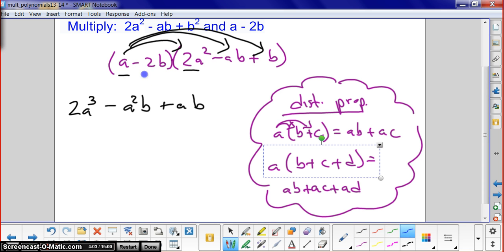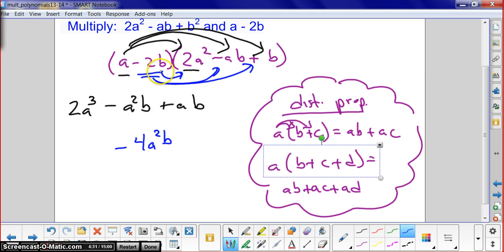So now I'm going to do negative 2b, and I'm going to multiply it by each term in the trinomial. So negative 2b times positive 2a squared is negative 4a squared b. So I'm going to put it underneath this other a squared b.